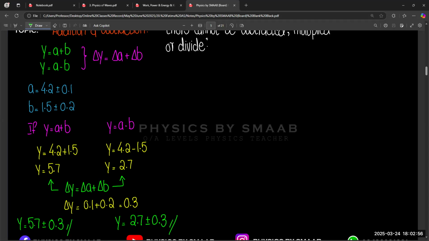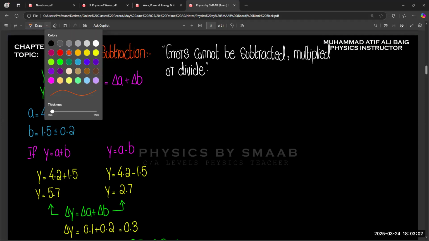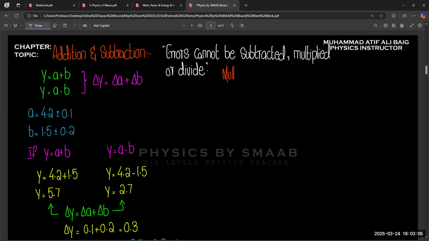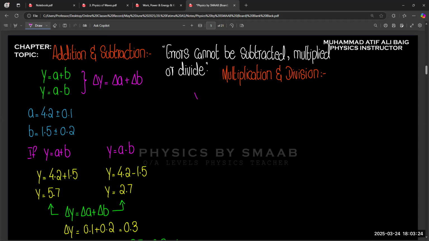So in the same way, if we consider the multiplication and division section, for example, again the general representation: y equals a into b, and y equals a over b.